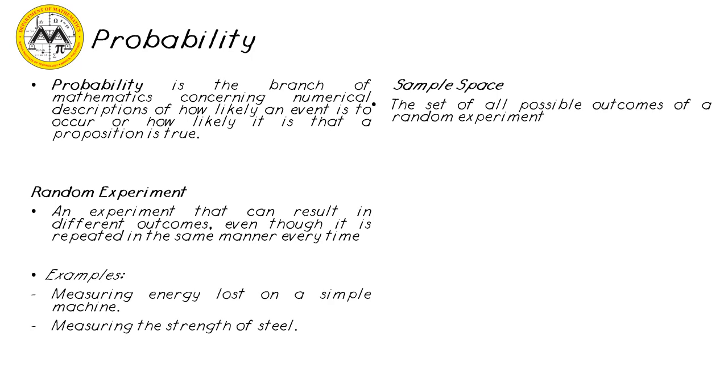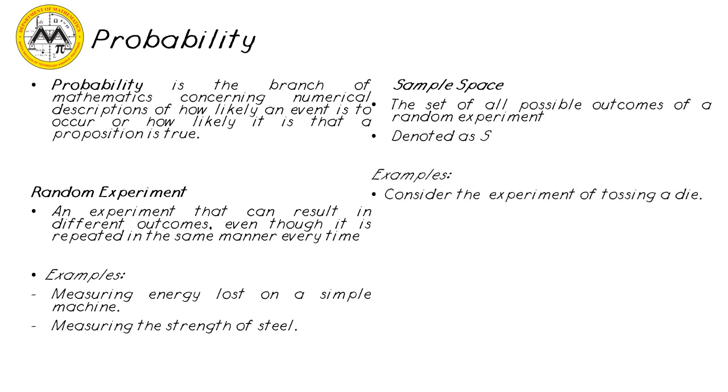First, let's discuss what a sample space is. Sample space is the set of all the possible outcomes of a random experiment, which is usually denoted by a capital letter S. Example: consider the experiment on tossing a die. A die is the singular for dice. So it is a cube with numbers 1, 2, 3, 4, 5, and 6.